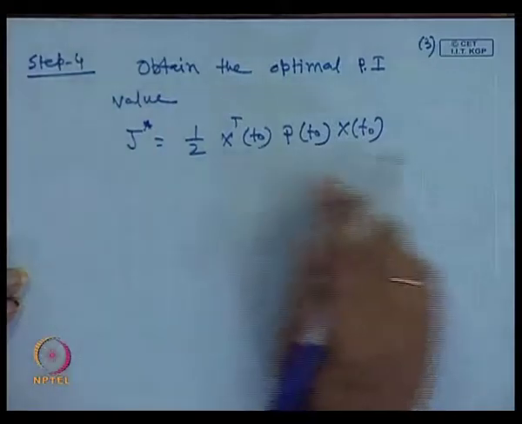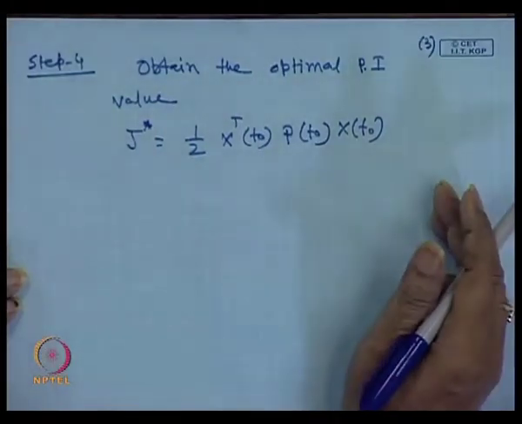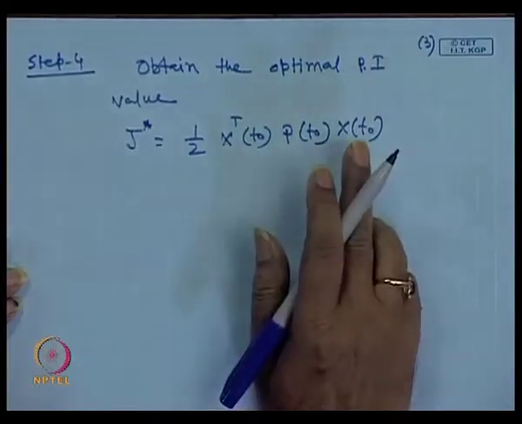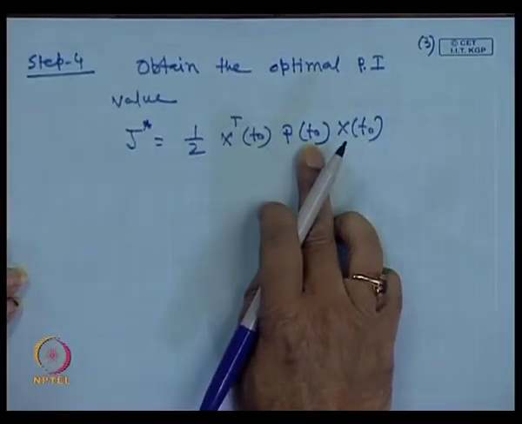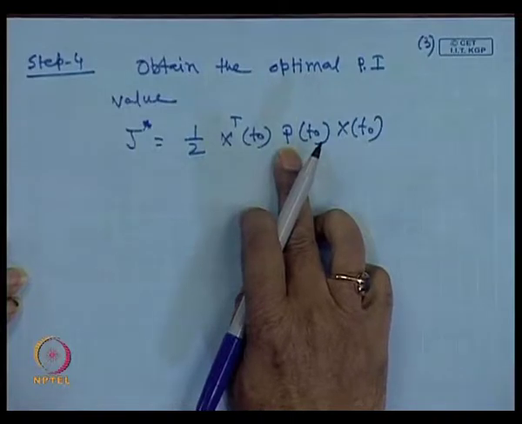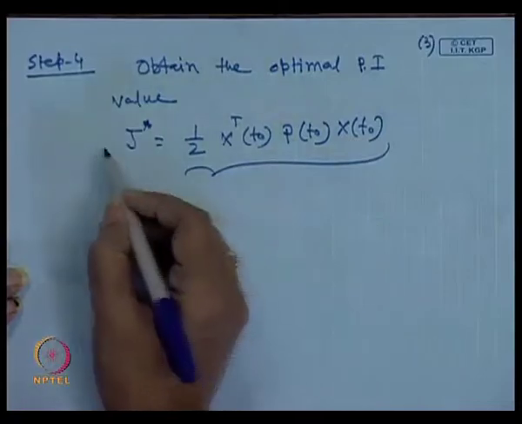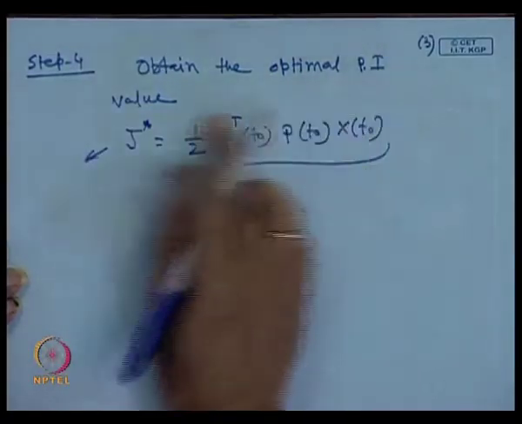Since we have solved the matrix Riccati equation backward in time, store the value of P at time t equal to 0. Then you can compute the optimal cost of the performance index over the interval 0 to t.